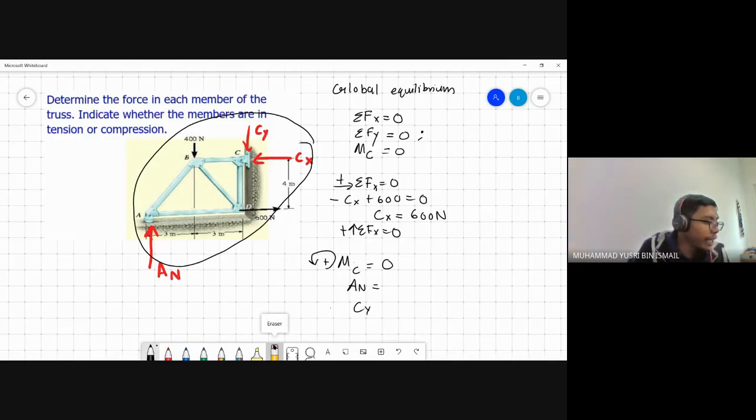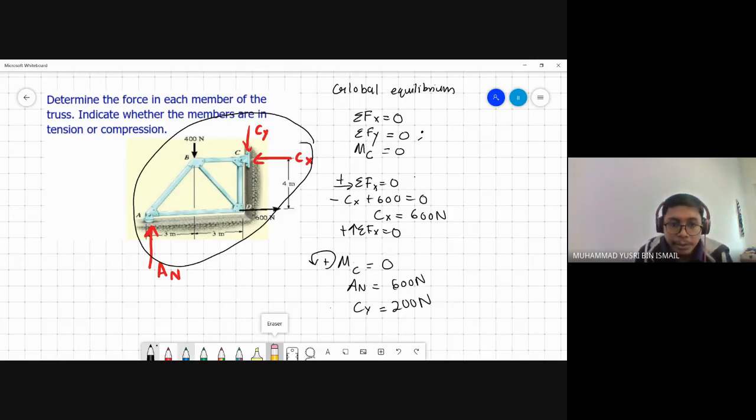So you should get Cx equal to 600 Newton, Cy equal to 200 Newton, and then AN will be equal to 600 Newton.